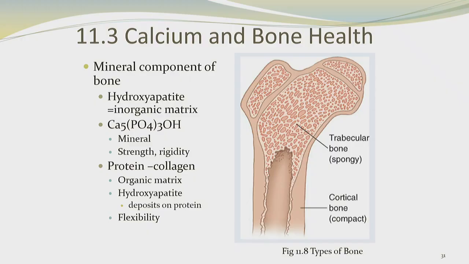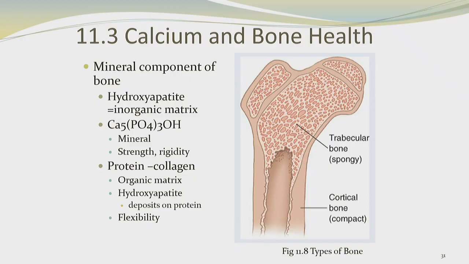So bone mineral is made up of a compound called hydroxyapatite, and as you can see by the formula shown here, calcium is key to the inorganic bone mineral matrix. This compound gives strength and rigidity to bone.